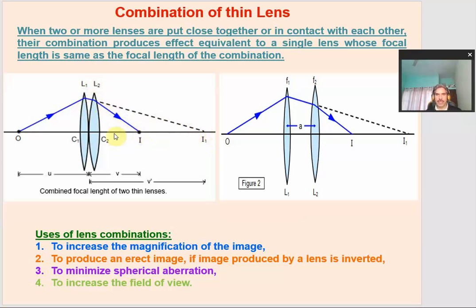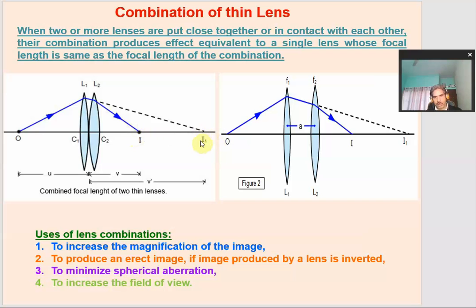The object sends light rays onto lens L1, which should have been converged at position I1 on the principal axis, but because the second lens is placed in contact with the first lens, it makes the light rays converge even more and makes the final image at a closer point I.